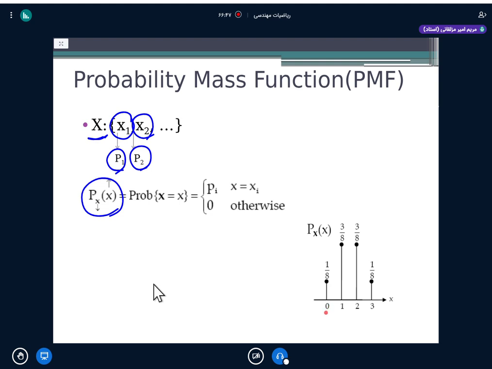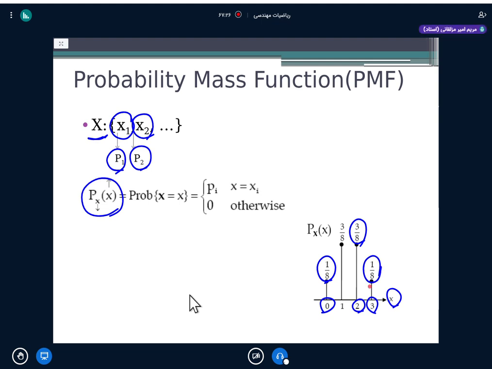As you can see in this plot, we have a random variable x that takes the values 0, 1, 2, and 3. These bars are the PMF of this random variable. It means that x takes the value 0 with probability 1/8, the value 2 with probability 3/8, and the value 3 with probability 1/8.